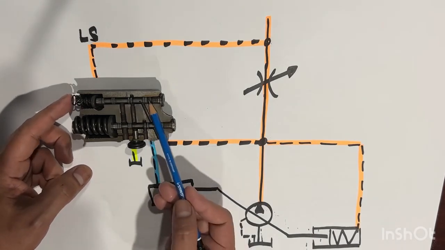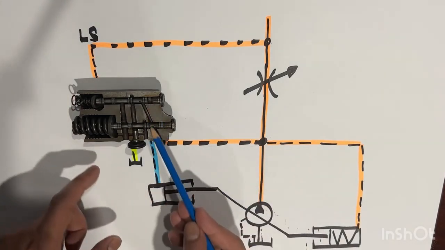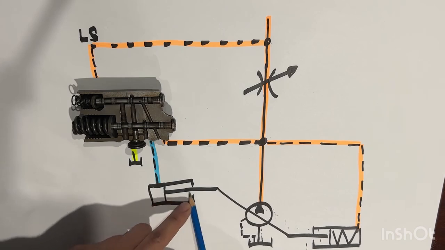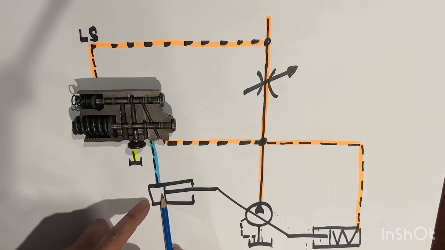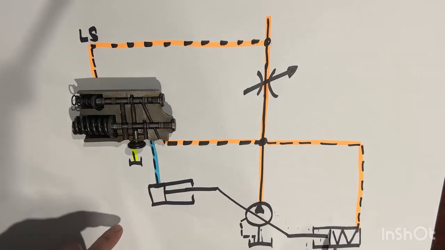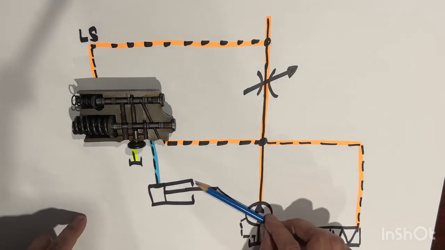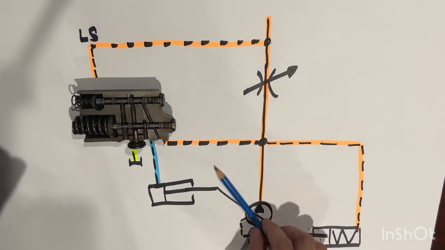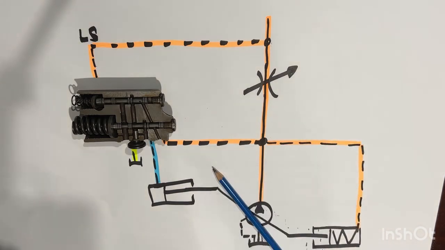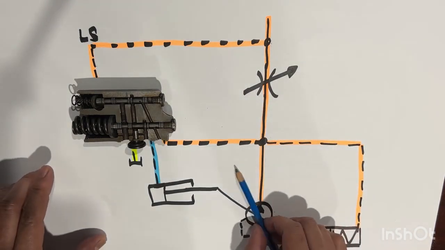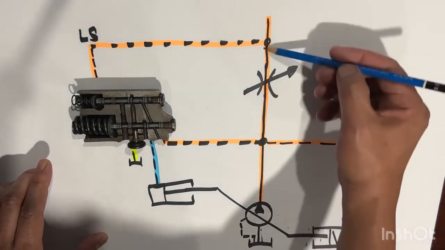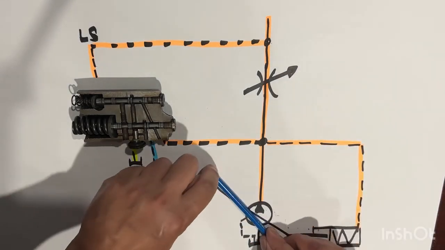Once that spool shifts, the system pressure is now open to the stroke piston. When the stroke piston is open to the system pressure, because the area here is larger than the stroke piston, the pump will de-stroke until the pump flow across the throttle slowly reaches the minimum.